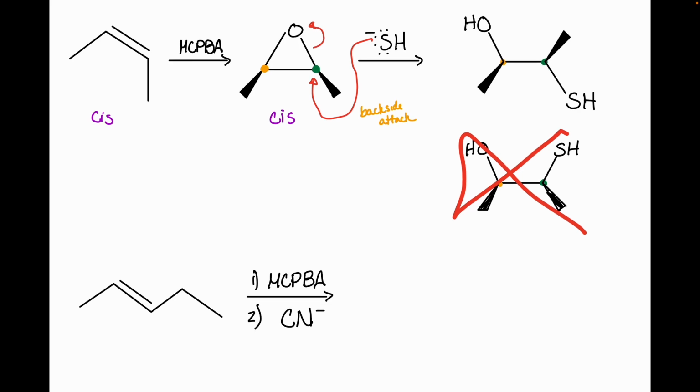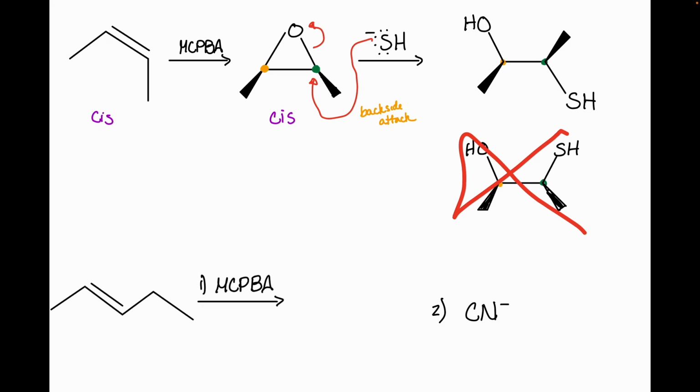See if we can break this into two steps. See if you can first draw me our epoxide with its correct stereochemistry, and then finally our product with its correct stereochemistry.